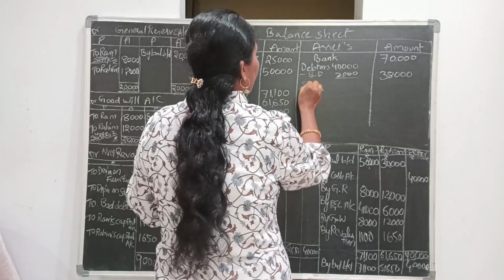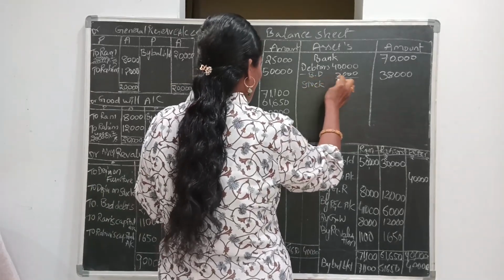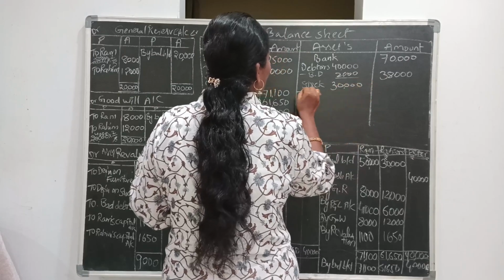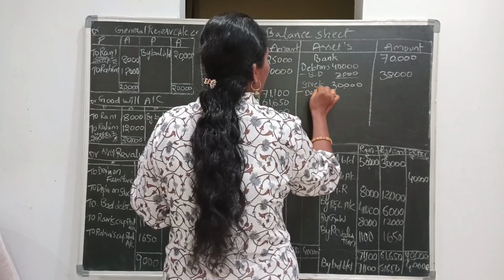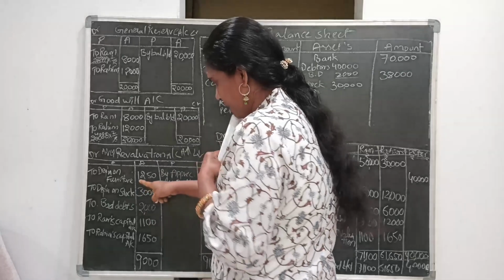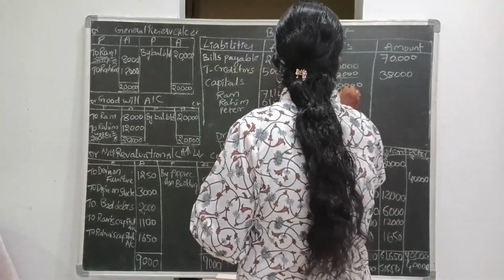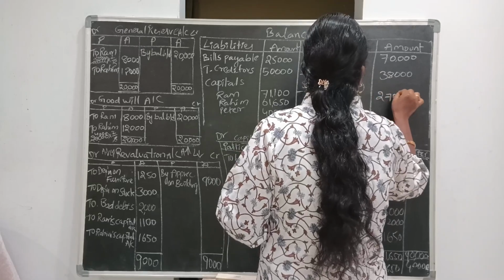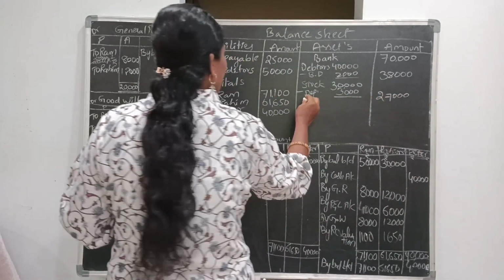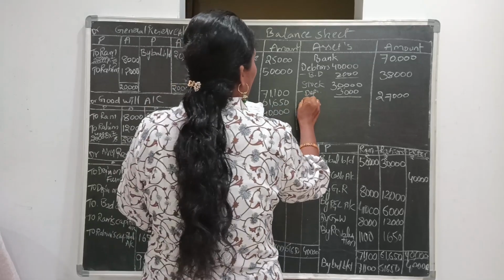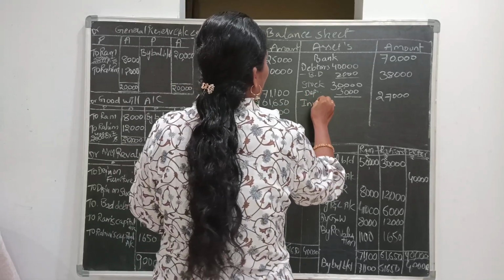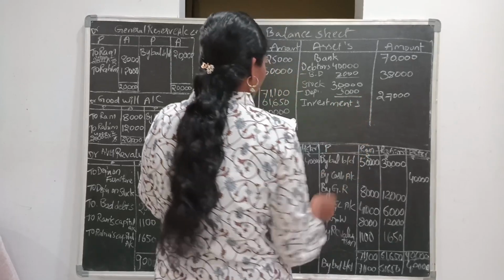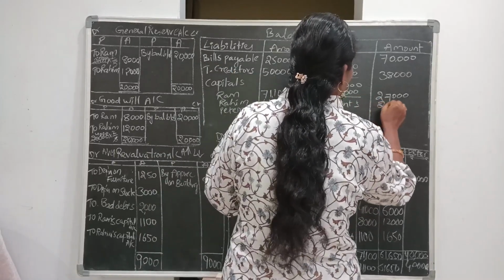Next, stock. Write down stock. 30,000 minus depreciation on stock. What is the depreciation amount? 3,000. So write down 27,000. Investments. Investments are 20,000.